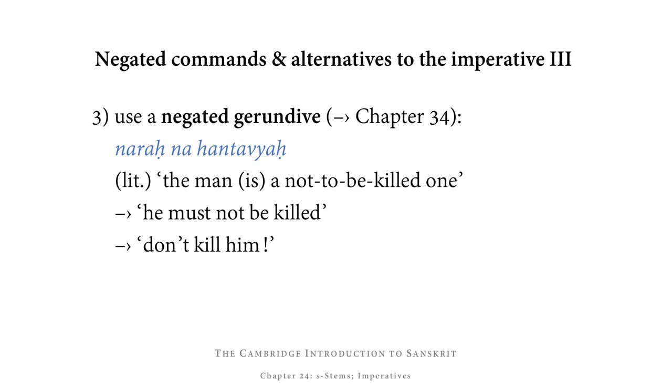So naraḥ na hantavyaḥ literally is the man not having to be killed. And when this is used as a sentence, then in English we'd need to put in a form of to be. So the man is not having to be killed. The man is a not to be killed one, which in more idiomatic English would be the man or he must not be killed. And that in effect often is equivalent to in English saying don't kill him.